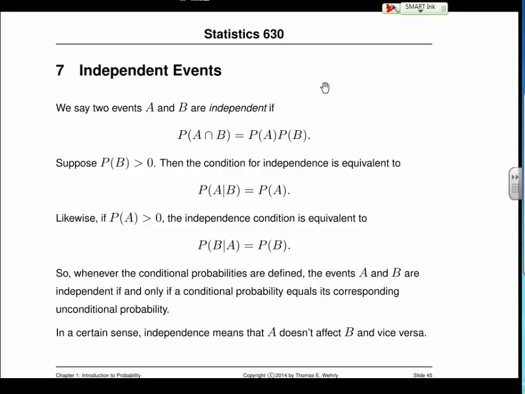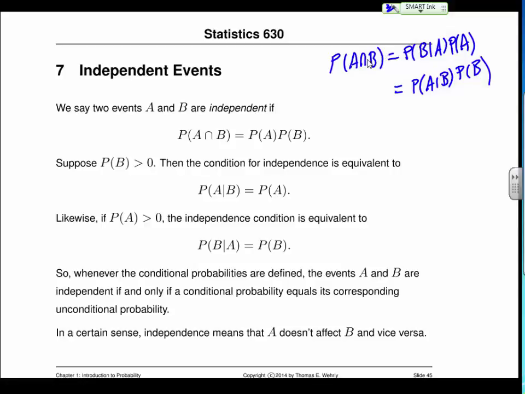So there are a couple of ways we could define it. The basic definition is that the probability of the intersection is equal to the probability of A times the probability of B. Now, in general, the probability of the intersection has to follow the multiplication rule, and it has to equal both of these two quantities here.